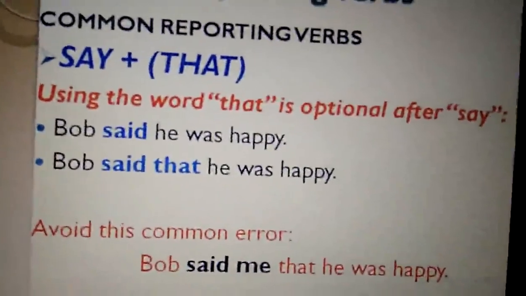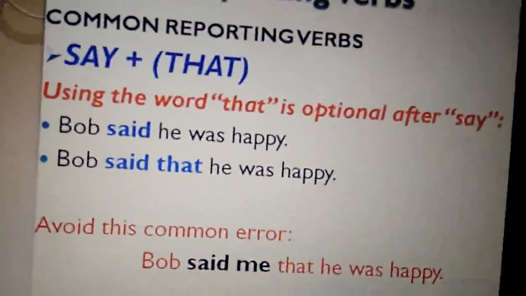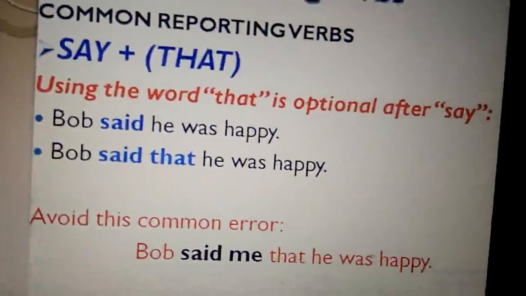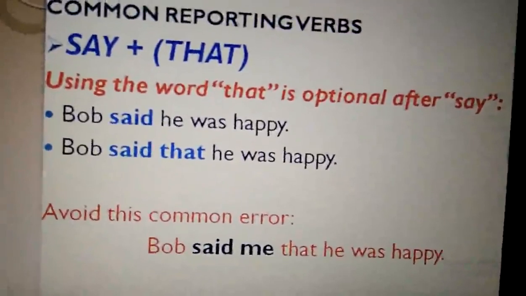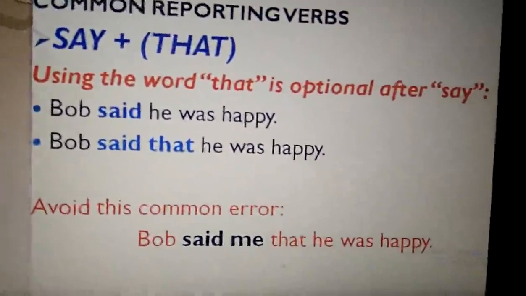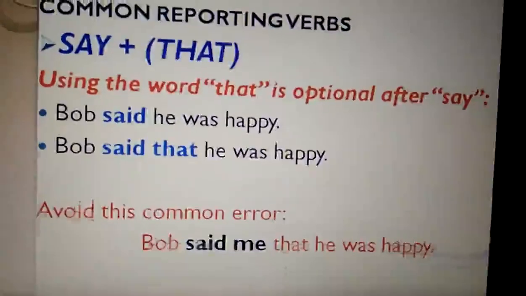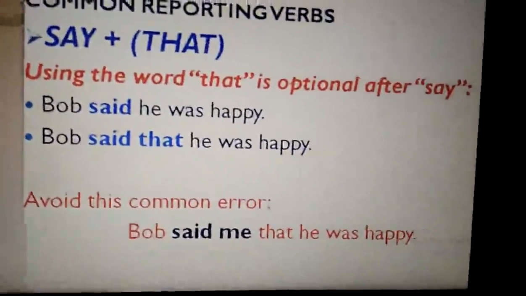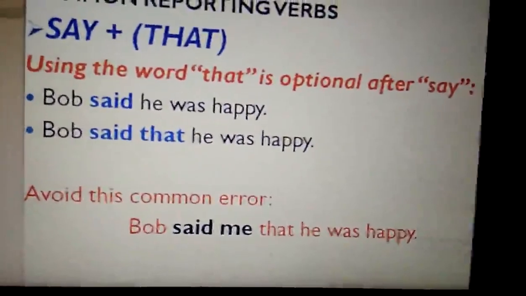Bob said he was happy. Said is the reporting verb. And the same example is written in the second way, like Bob said that he was happy. That means after the reporting verb said, we have used that in the second sentence.